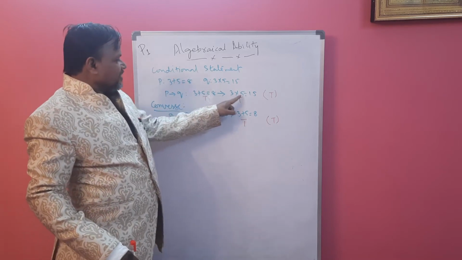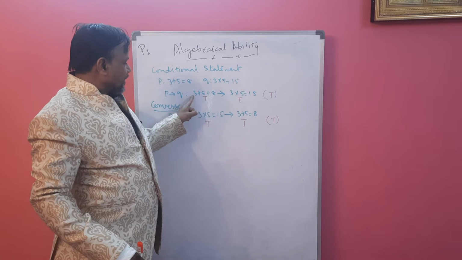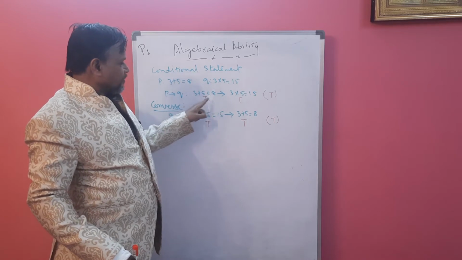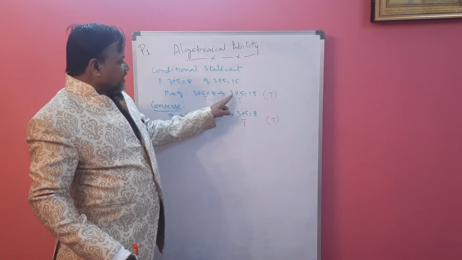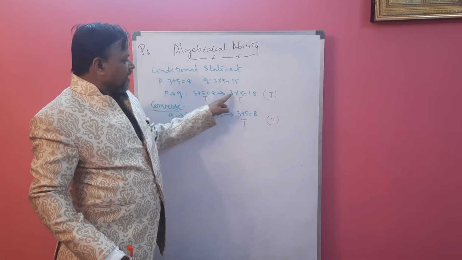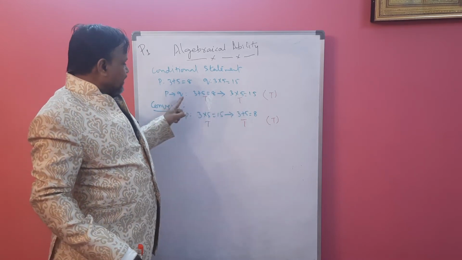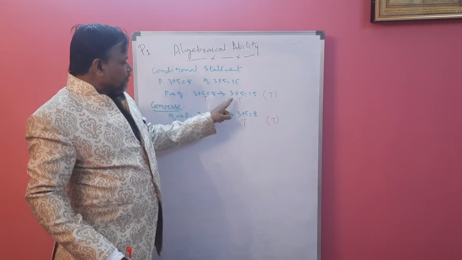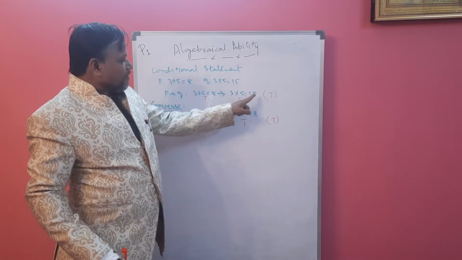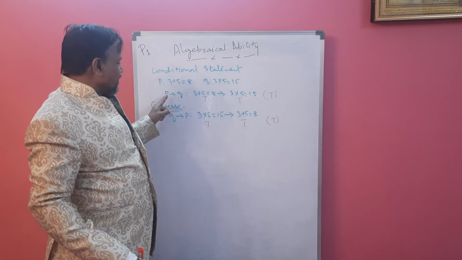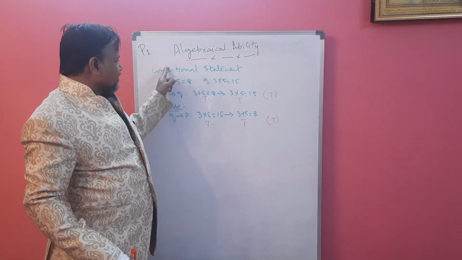This implies 3 into 5 equal to 15, again a true statement. Now, true implies true. We will get a true statement.